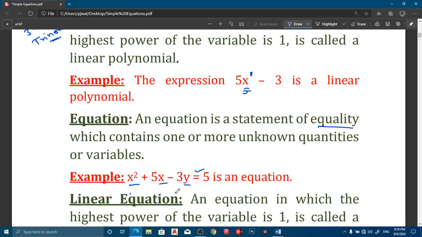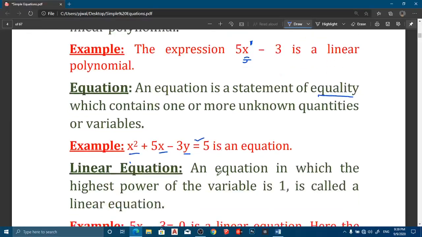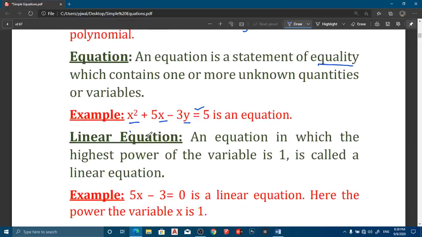It is a statement of equality which has one or more unknown quantities. That's why it is called an equation. Unknown quantities are nothing but the variables only. Whatever values we have to find out are called unknown quantities. Those are called the variables, like x, y, z.